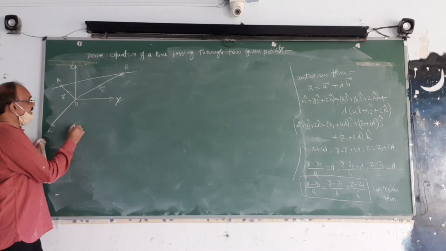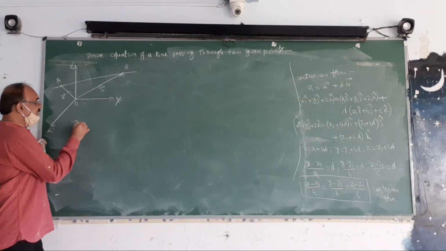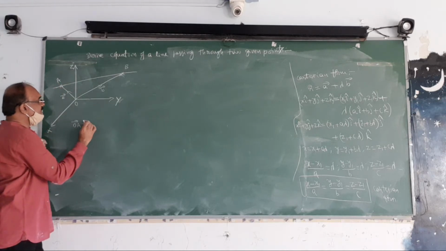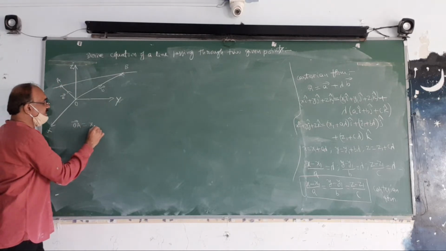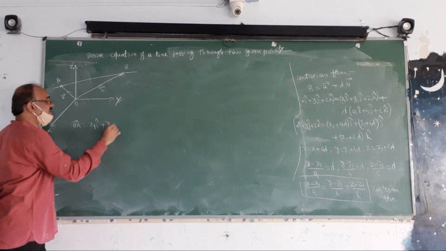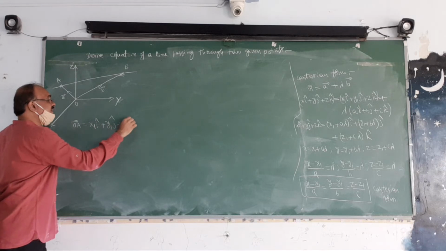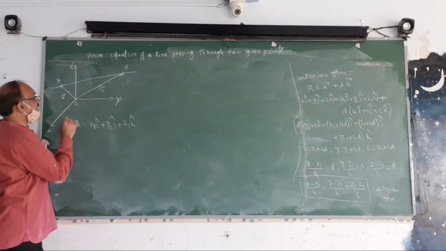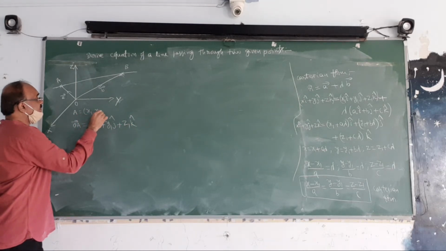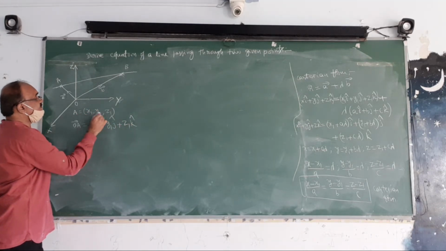First I will write vector OA, the given point. It's point 1, so I will call it x1 i, y1 j, z1 k. In Cartesian form, A is x1, y1, z1.